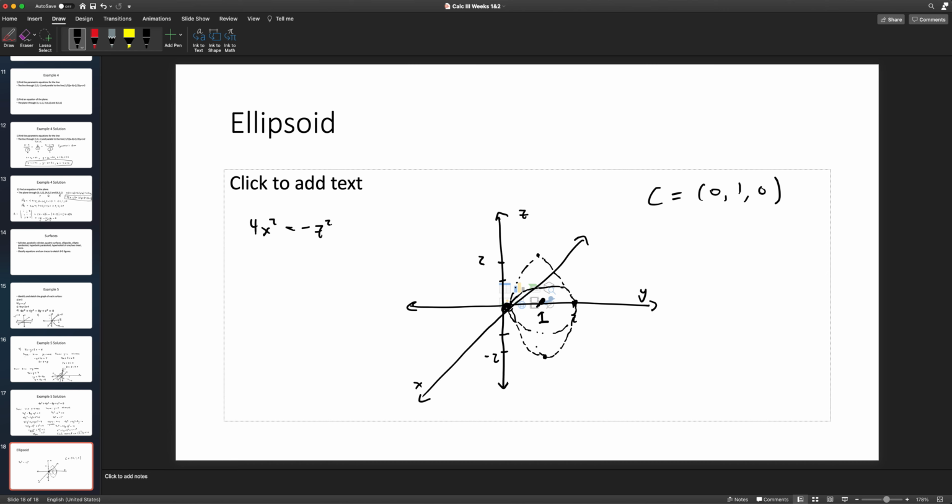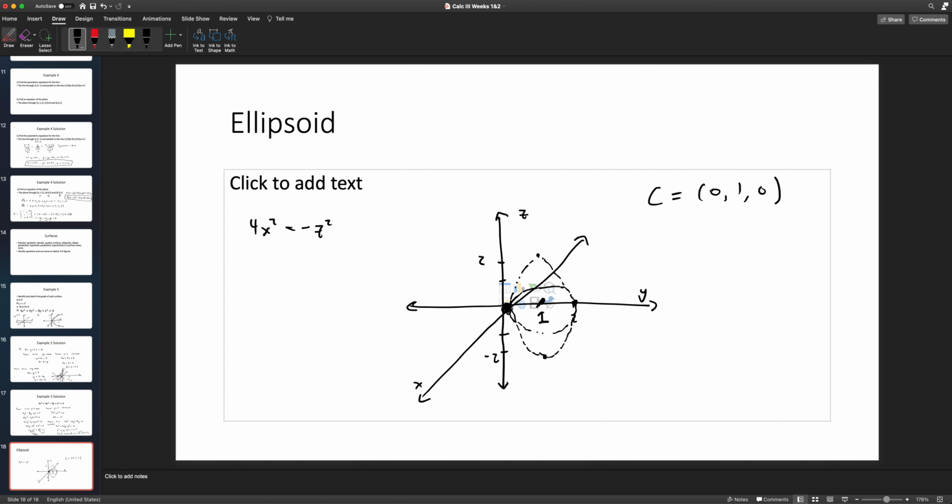I mean, we kind of get the idea with this here. But for when y is 0, we can let x be 0, then z is 0, that's 1 point.